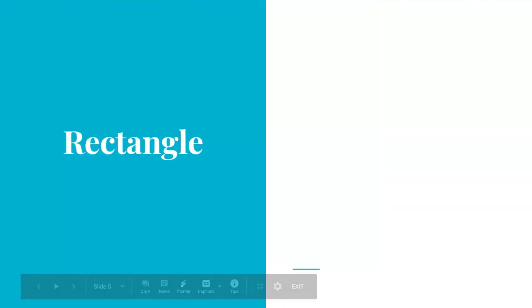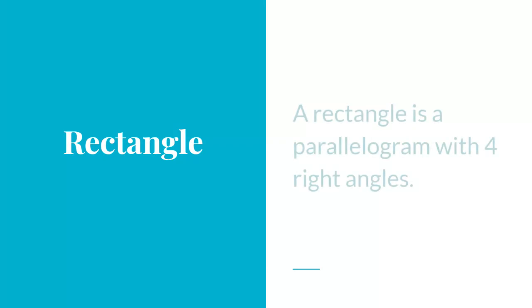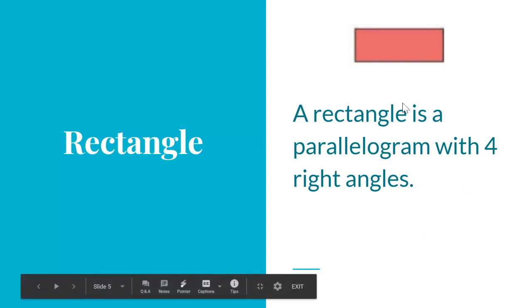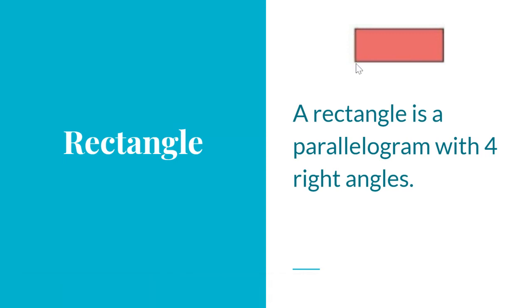Another type of quadrilateral is a rectangle. A rectangle is a parallelogram with four right angles. Now, a right angle means that they're at 90 degrees. We usually put a little square right in the corner. This line goes straight up and down. This line goes straight sideways.